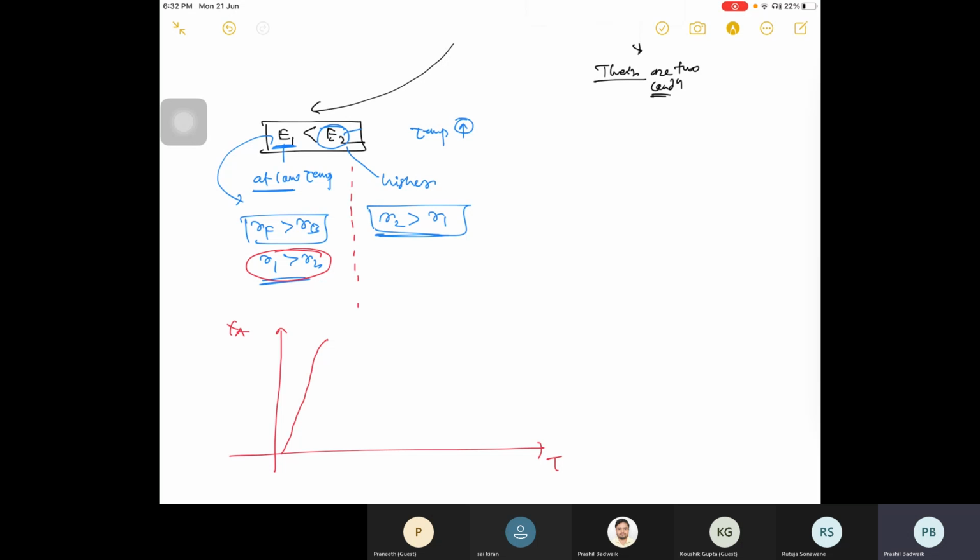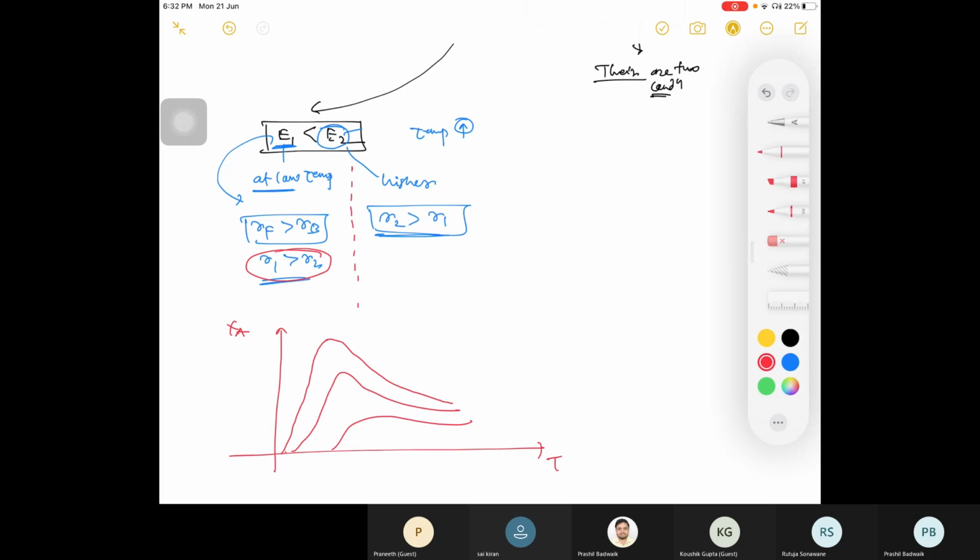We will write here XA versus temperature. You will have this kind of curve.